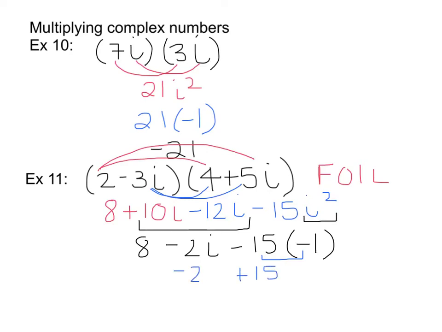Bring down the -2i, bring down the 8, and then you combine the 8 plus the 15, and that's going to give me 23, and then -2i, because there's no other imaginary terms for me to combine with. Now, you always want the real part to come first, which is why we wrote the 23 first, and then the 2i, since it has the i, it needs to come last.